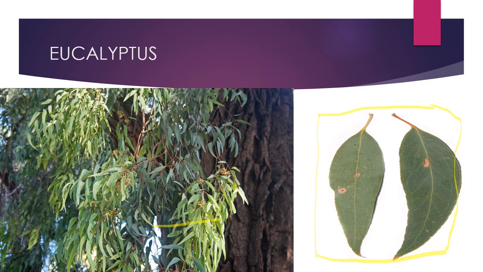As an ingredient in many products, it is used to reduce symptoms of coughs also. So it is a very useful plant. And here the leaves, you can identify eucalyptus tree by seeing the leaves also.